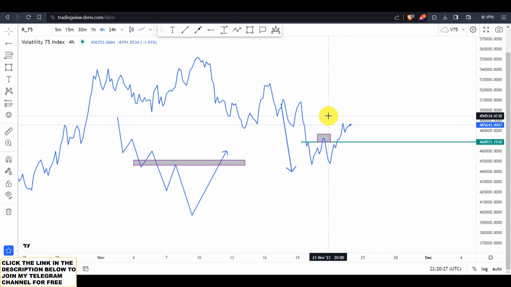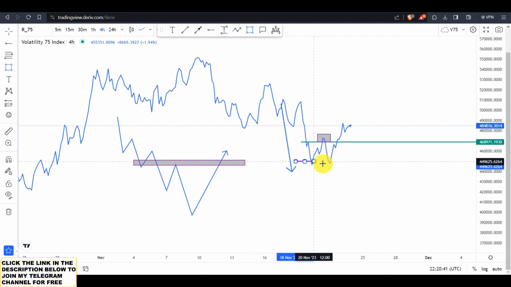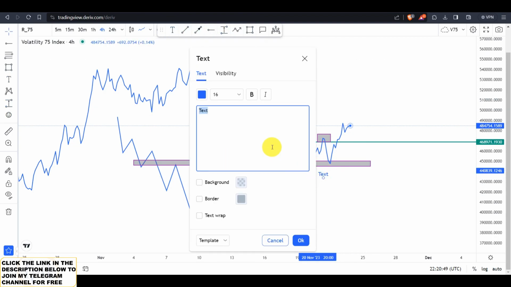This came to the conclusion that this previous downtrend movement of this volatility 75 index has come to an end, and what the market is doing right now is coming to this point right here, and this point is marked as a very high point of interest, commonly known as POI, point of interest.